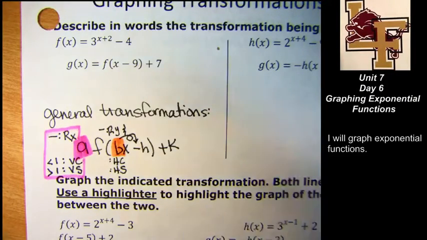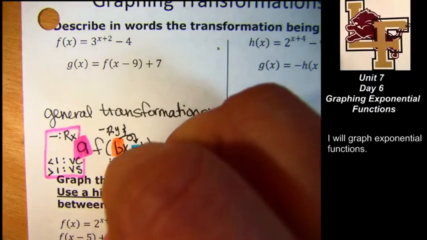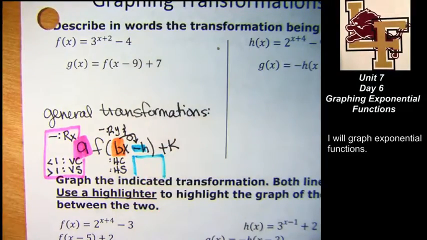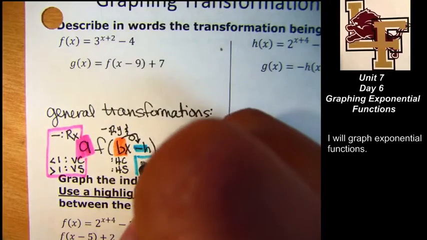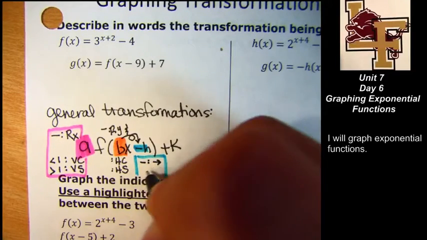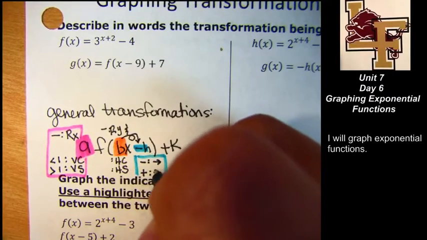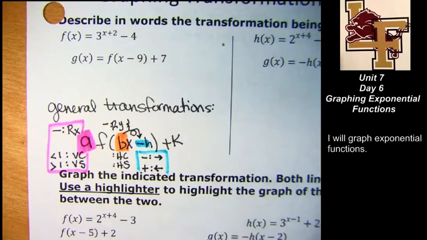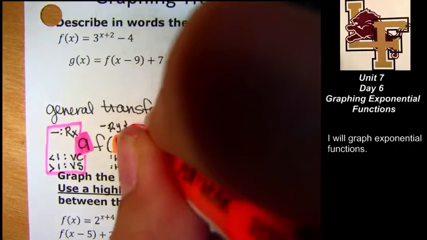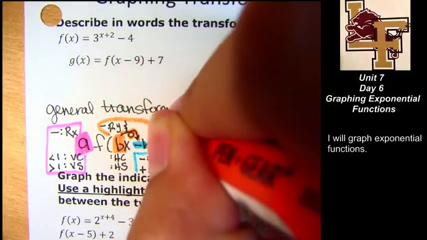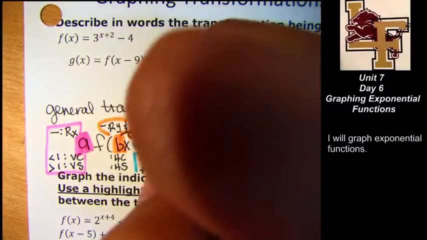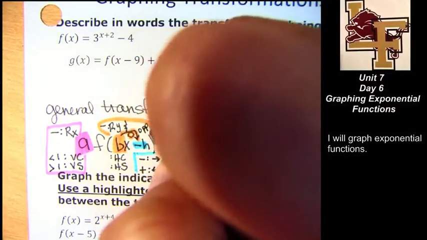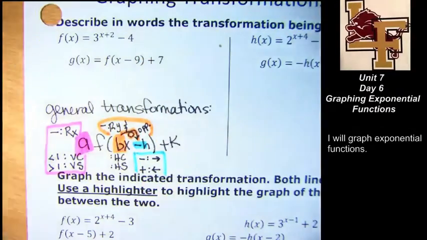Normally, a negative shifts it to the right and a positive shifts it to the left. But when I have this thing happen with a Y reflect, we're going to change this to be the opposite.